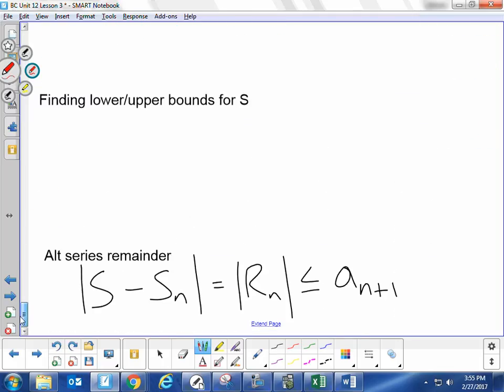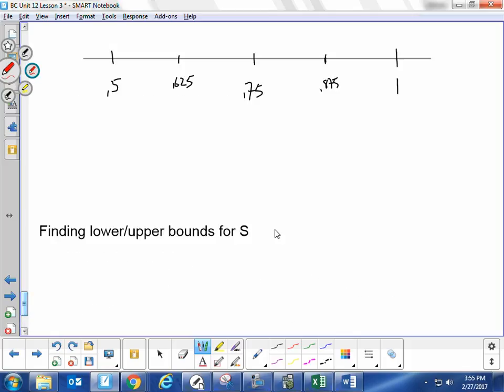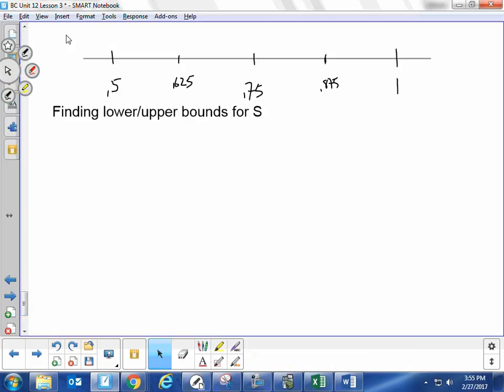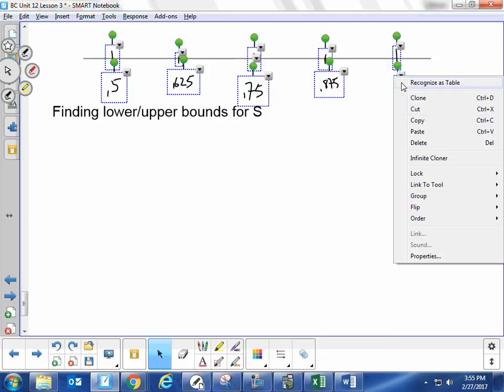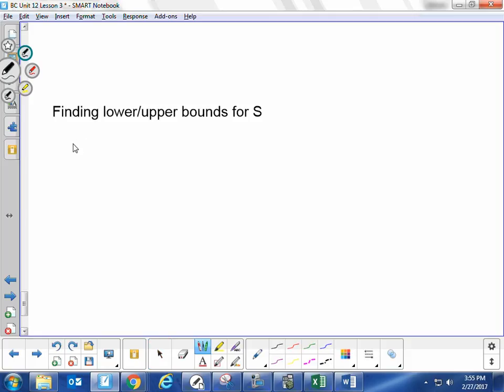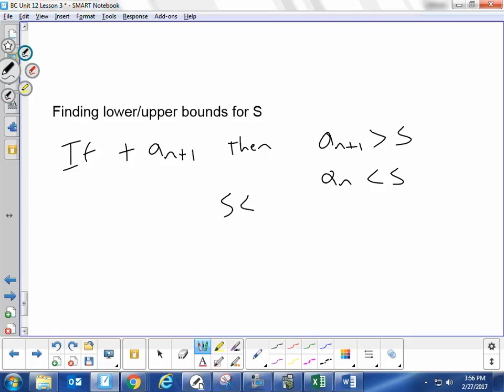So it's important that when you're finding upper and lower bounds, you've got to think, if you are adding your next term, then that term is going to be greater than your sum, and your previous term is going to be less than the sum. So you know that your sum is between those two.